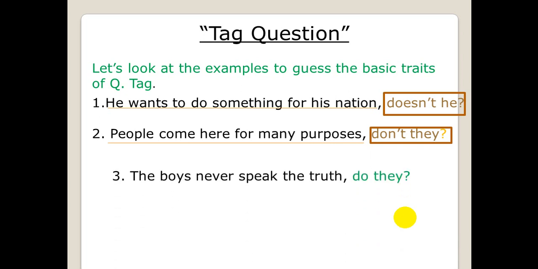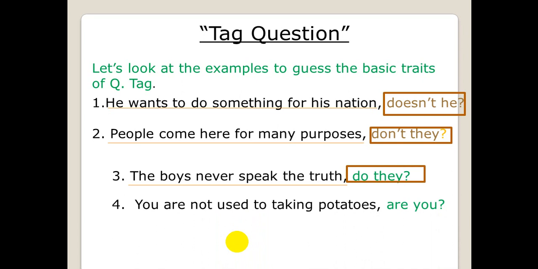Next, number 3, the boys never speak the truth. Do they? Next sentence, you are not used to taking potatoes, underlined one, and look at the tag question.